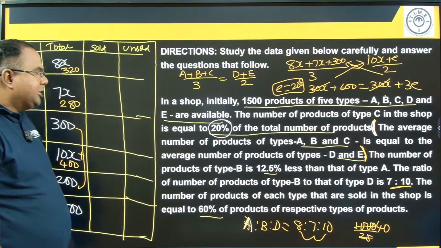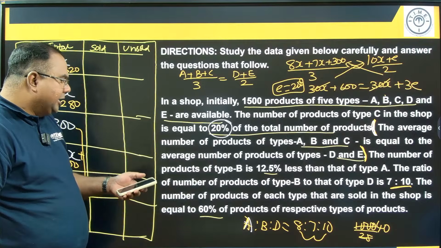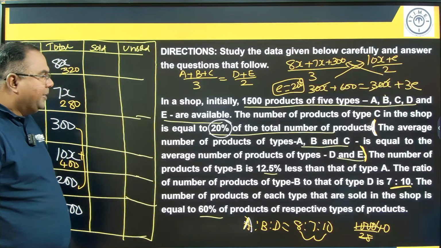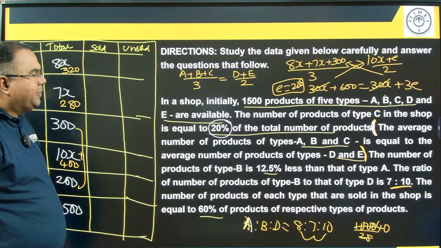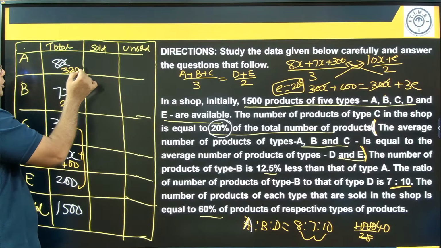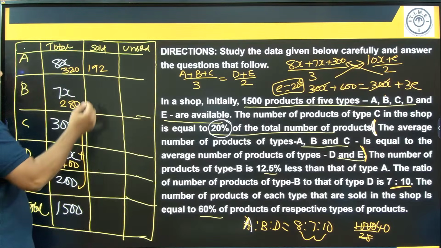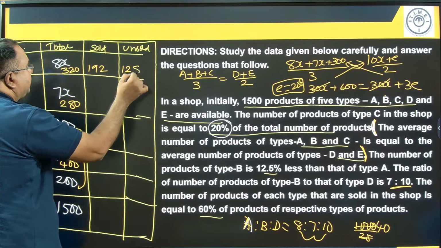Now, he has given one last point. Number of products of each type that are sold in the shop is 60% of products of respective types of products. So, number of sold are 60%. 10% 32, 60% 192. Right? So, 192 sold, unsold 128.